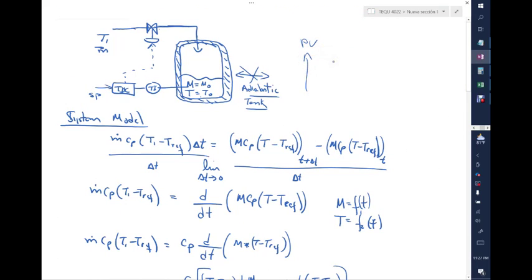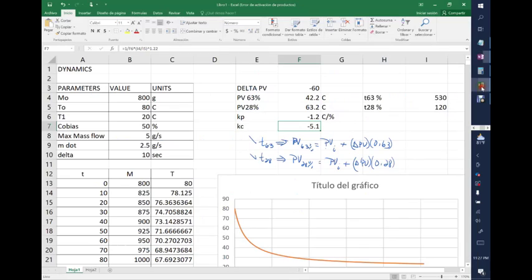What you have to do with this valve, the output from the controller has to increase that valve to control this issue, so you end up having both in the same direction. That means it's direct acting. You have a direct acting, meaning that the KC has to be negative, which is basically what you see in the Excel calculation.